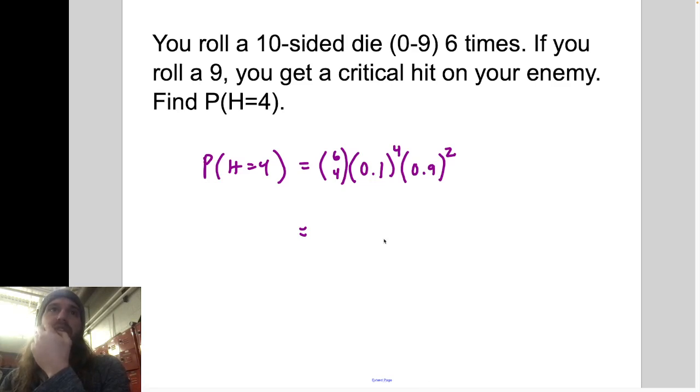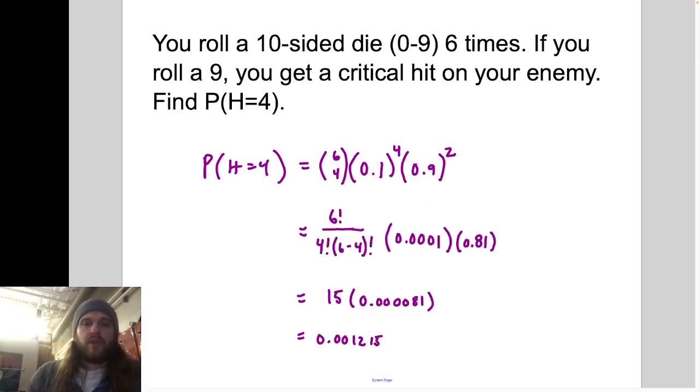So what choose tells us is the number of different ways that we can have 4 critical hits and 2 misses, so you're multiplying that together. So you guys do this calculation by hand really quickly, and then I'll unpause the video with the answer.